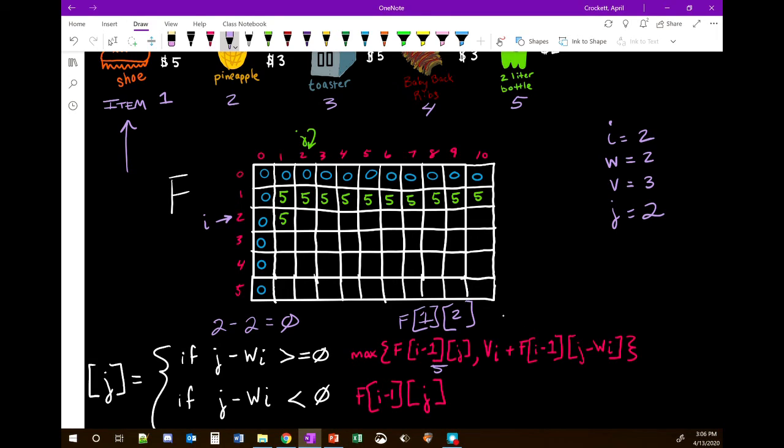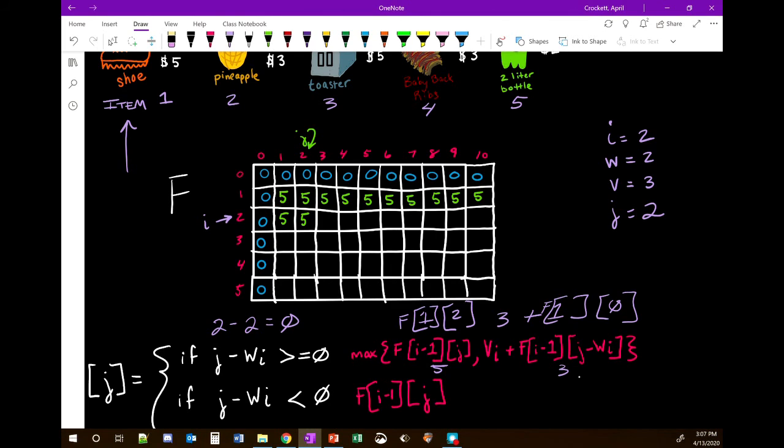And then this other one, the value, which is 3, plus f sub 1 sub j, which is 2, minus the weight. 2 minus 2 is 0, so f sub 1 sub 0 is 0. So 3 plus 0 is 3. The maximum between 5 and 3 is 5. So 5 will be what gets placed here.